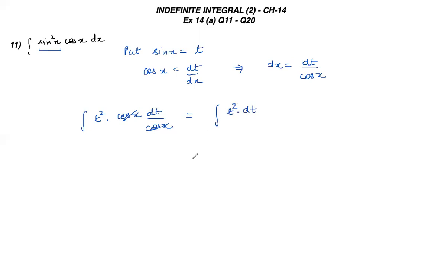I'll integrate this t square function. So what would it be? t raised to 2 plus 1 upon 2 plus 1 plus c, that is equal to t cube by 3 plus c. Now I'll substitute the value of t again. t is equal to sin x. So it would be sin cube x upon 3 plus c. So this is the required answer for this particular question.